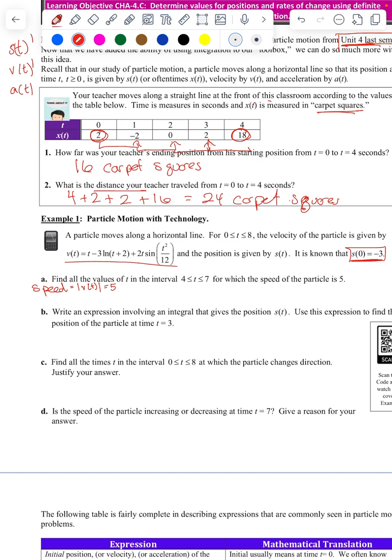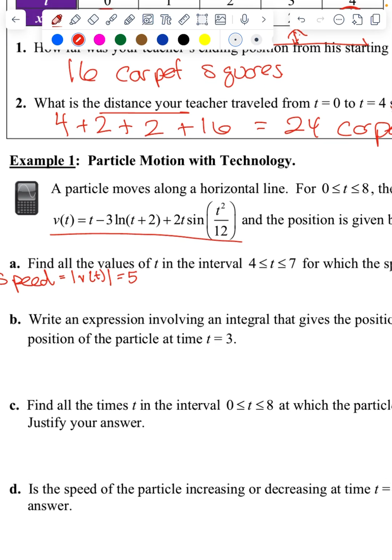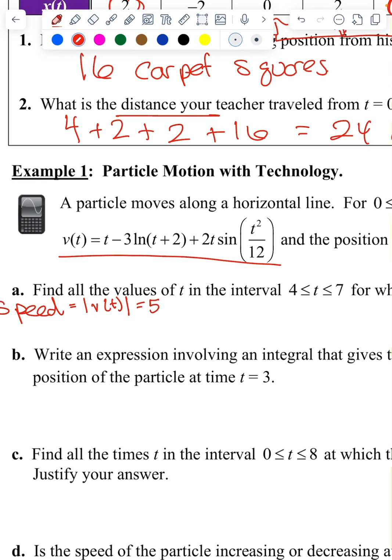So I think it's important, when you're given problems like this and you're using the calculator, to graph it and look for intersections. So take a minute and graph the absolute value of velocity and look for all intersections within the interval of 4 to 7. That is key, right?